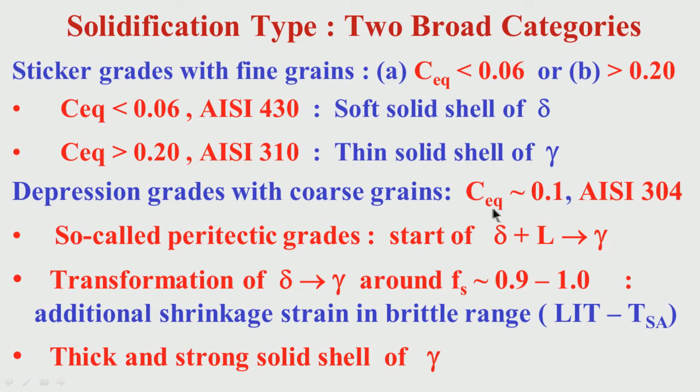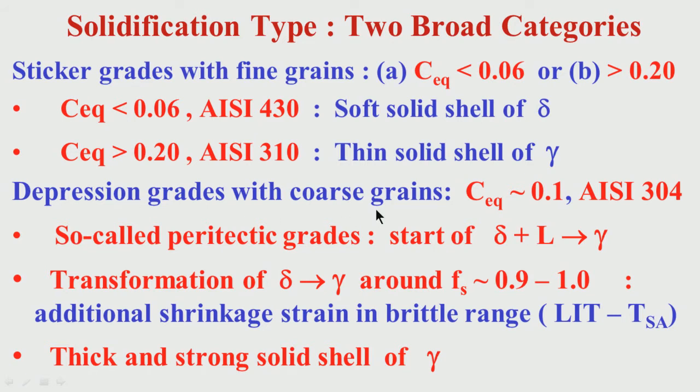So what are the chemistry ranges? Where the carbon equivalent is around 0.1, for low alloy steels or plain carbon steels, or for stainless steel 304. These chemistries are prone to depression and coarse grains.